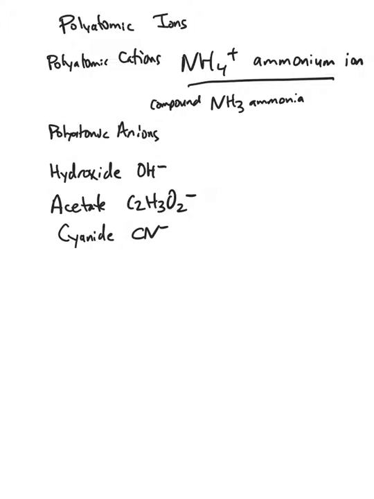And then there's a number of oxo anions. Oxo gives us a hint that they contain oxygen. The first one we'll look at is carbonate.